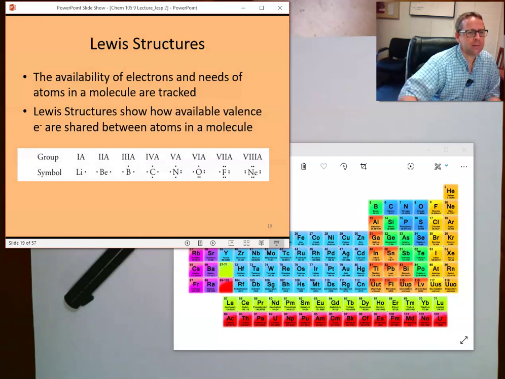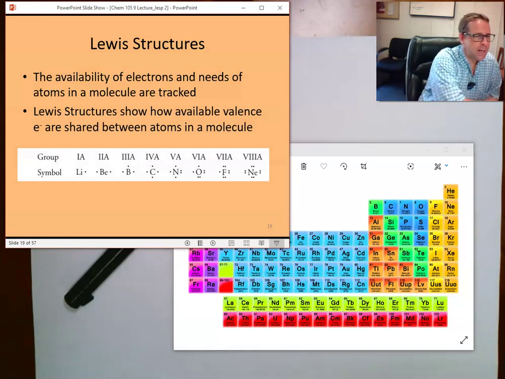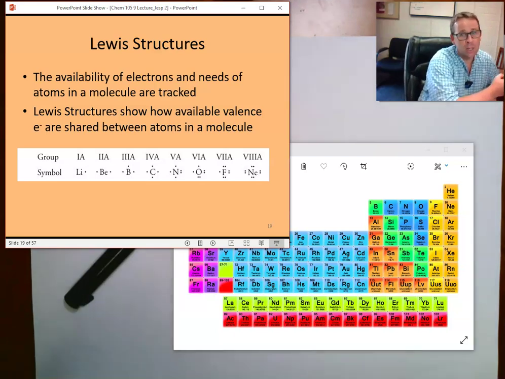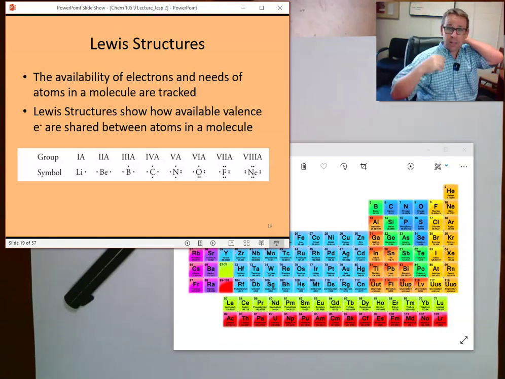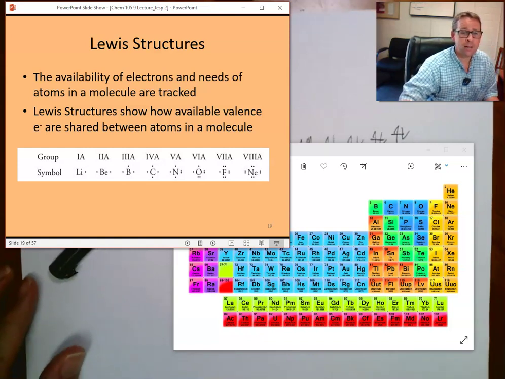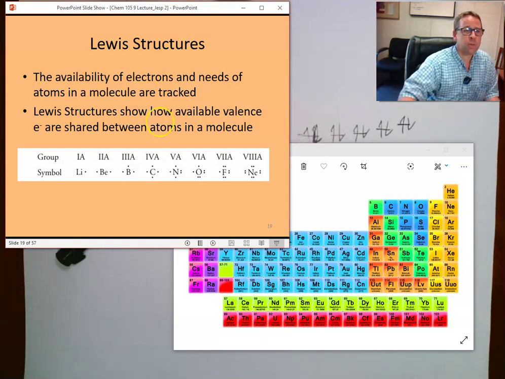All right. Now we're going to turn our attention to molecular compounds, and how the bonding between nonmetals in molecular compounds can be understood, and a method which we call drawing Lewis structures can help us significantly understand the properties of chemicals that are molecular in nature.